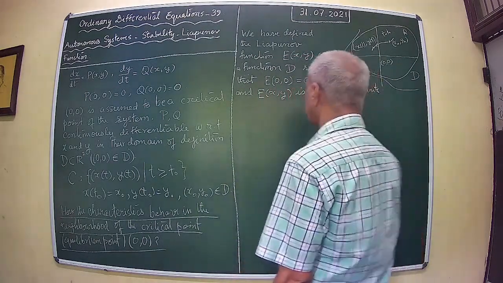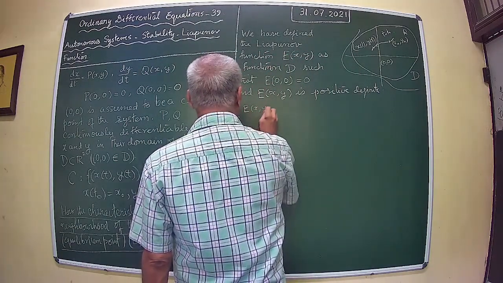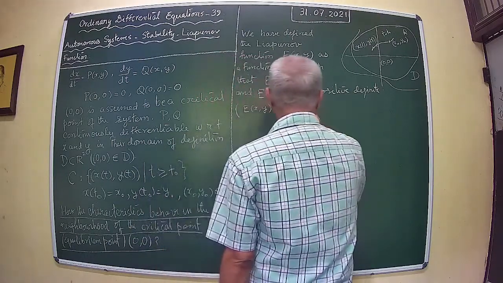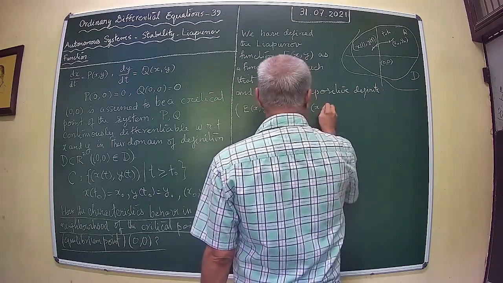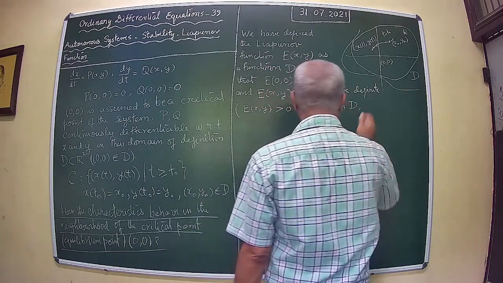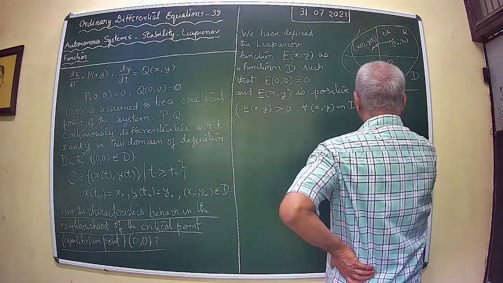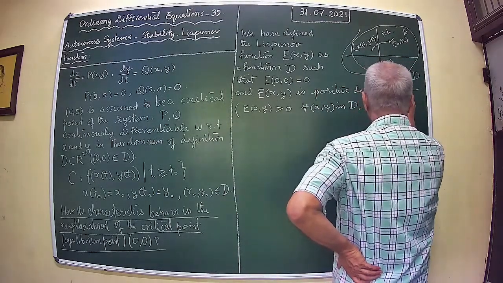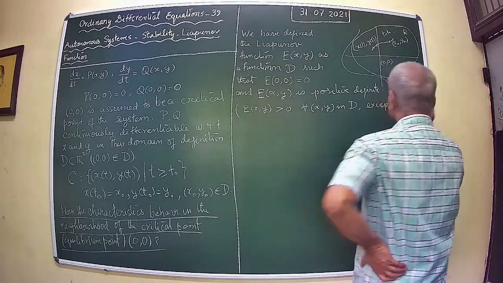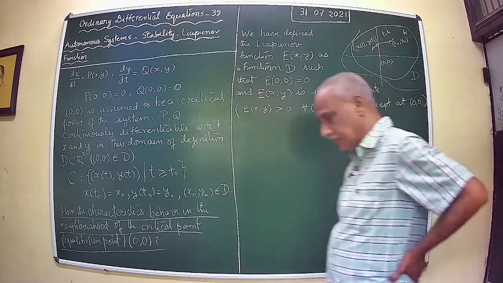That is, we have E(x,y) is positive except at (0, 0). That's what we mean by a positive definite function.